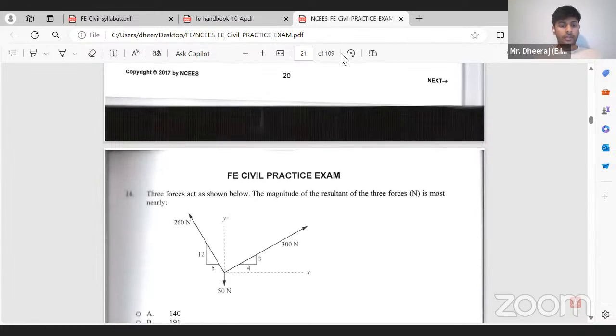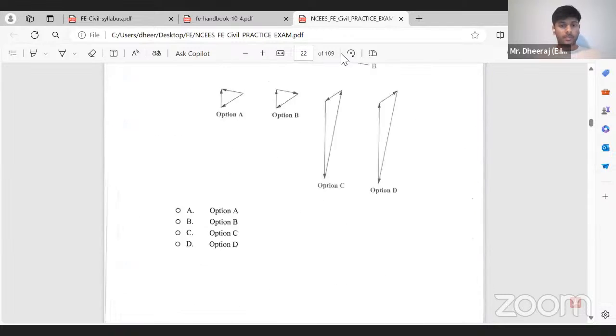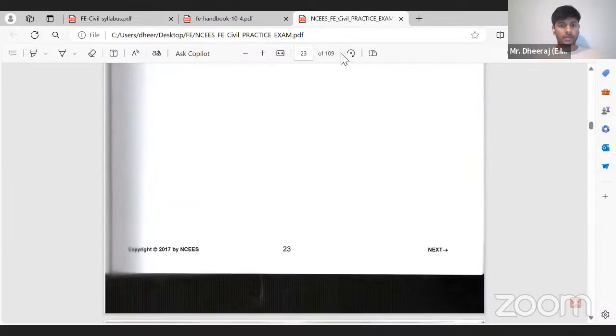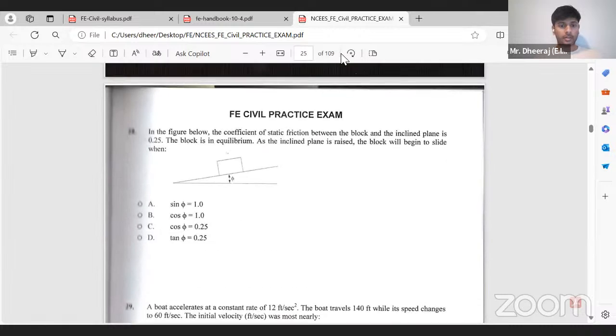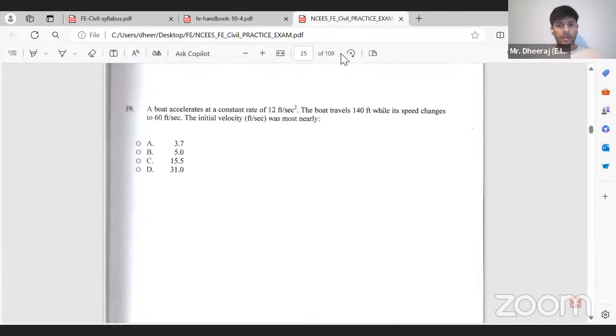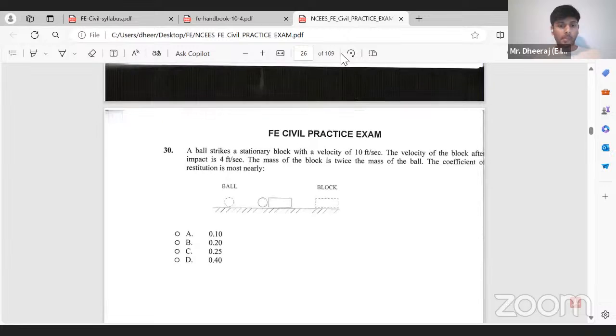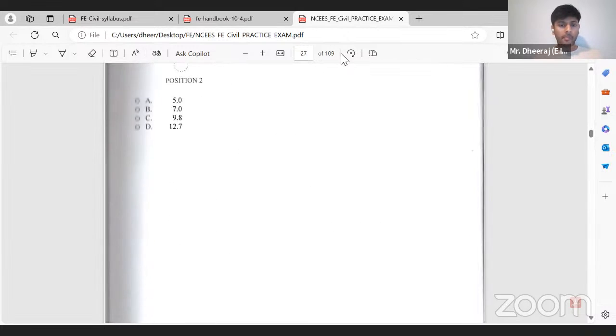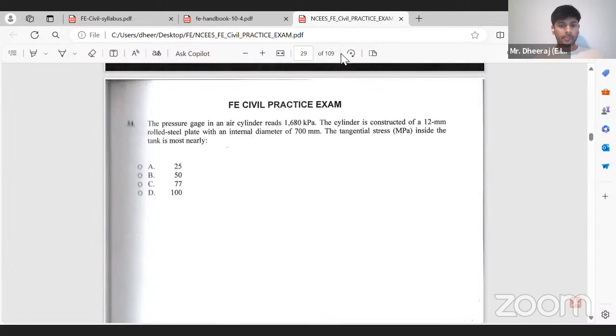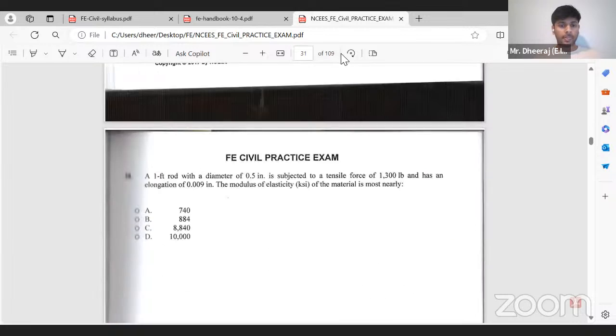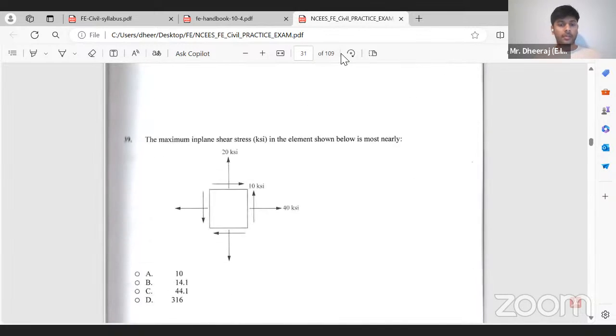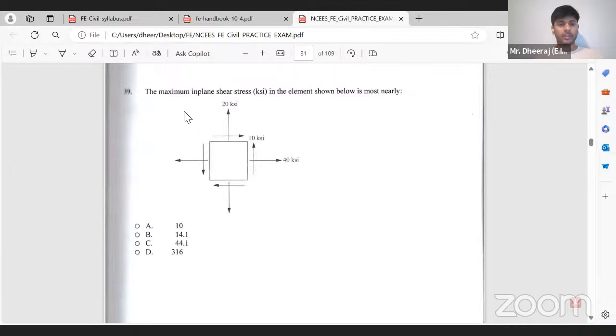Let's say we try to solve this question: the maximum in-plane shear stress in the element shown below.